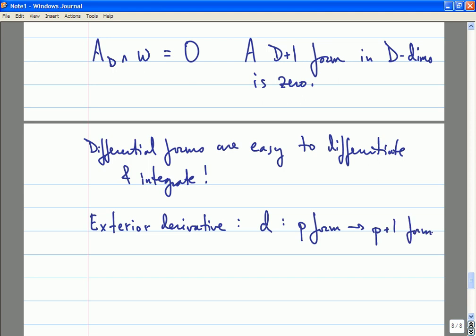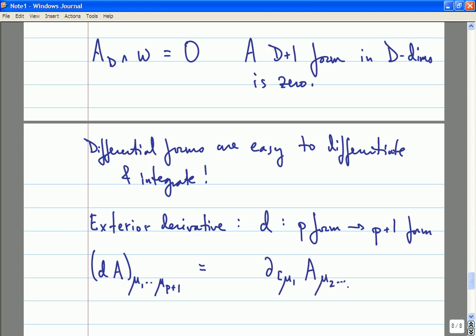So if I have a p-form A, then its derivative is denoted dA. So that's going to be a guy with p plus 1 indices. Well, and what is it? Well, I just take the partial derivative of A. So A has p indices.